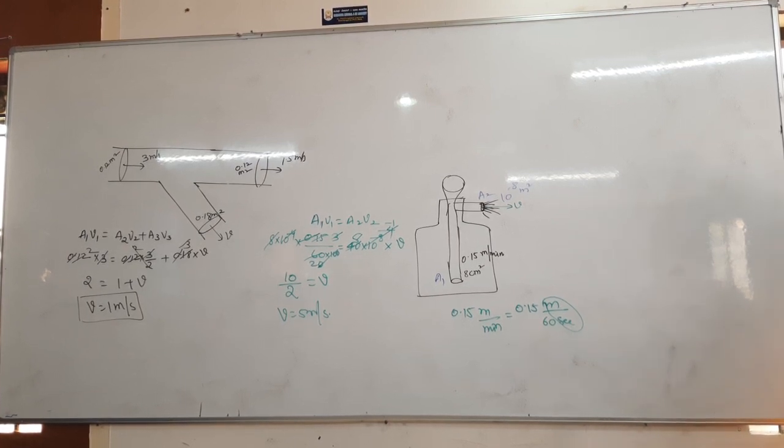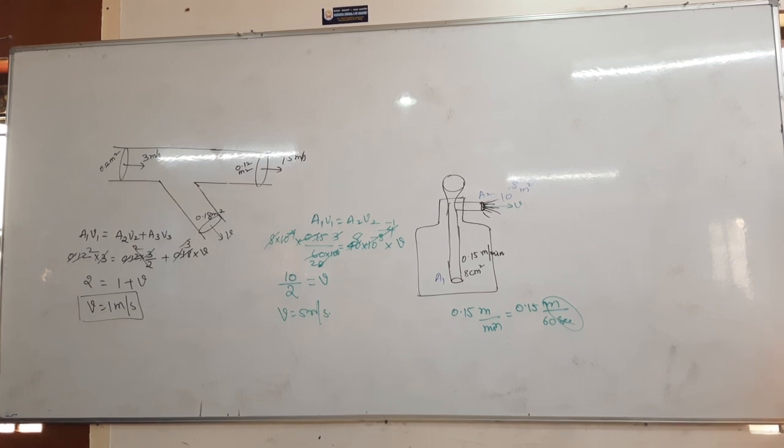In the first pipe, the speed of water is 4 meters per second, and the pressure is 2 into 10 power 4 Newton per meter square.